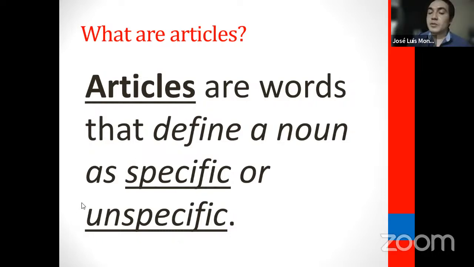Yes, that's correct. So it would be mainly deciding when to use "the" and when not to use it. So for example, when do you say "the people" and when do you say only "people"? What is the criteria there?